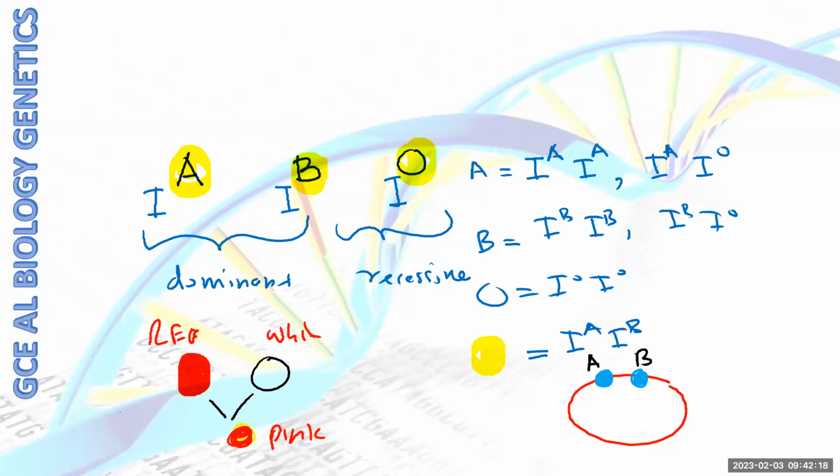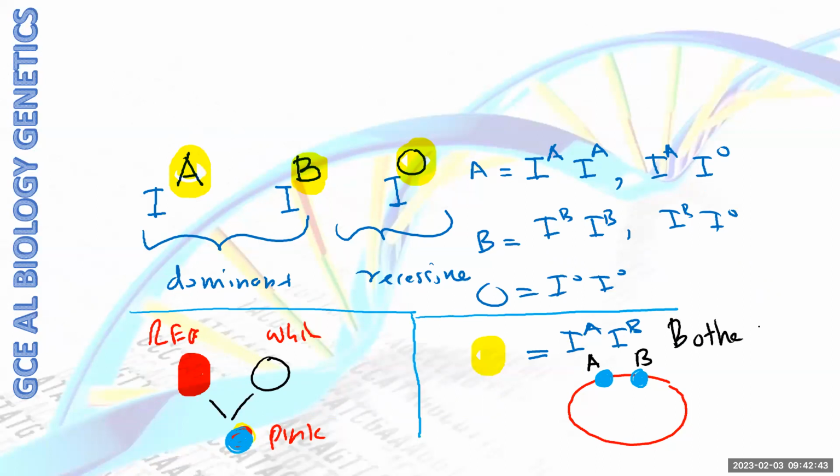In this situation, we can't explain it with incomplete dominance, because incomplete dominance is a blending of two phenotypes. But here it's not blending, they independently make their phenotypes. Both phenotypes are expressed.